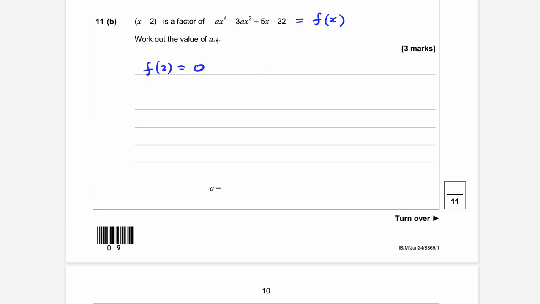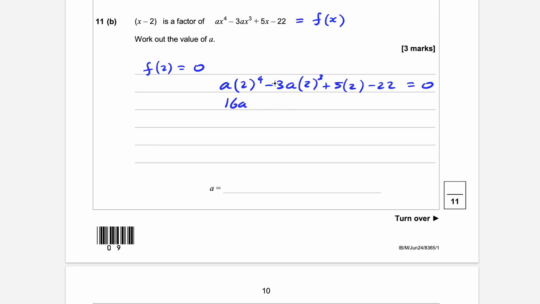So if I sub 2 in for x here, I'm going to get 2 to the power of 4 is 16. So it's 16a. Let's do the whole thing. So a times 2 to the power of 4 minus 3a times 2 cubed plus 5 times 2 minus 22 equals 0. This is 16a.